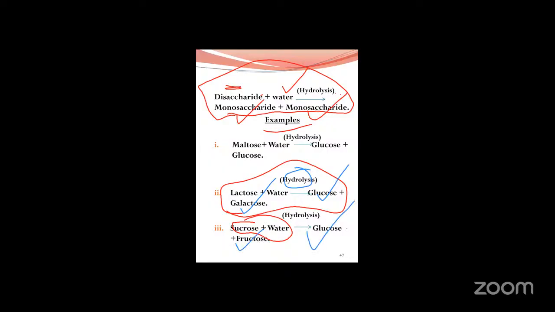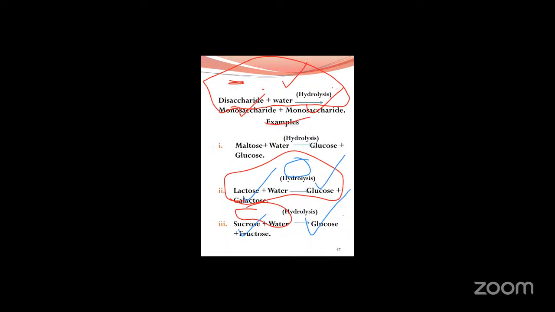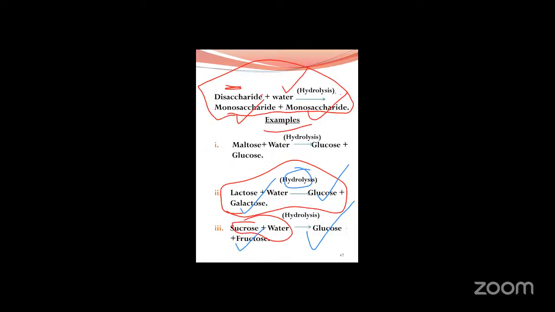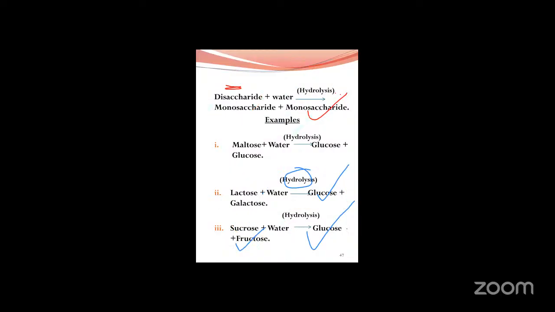So therefore, the reaction that forces two monosaccharides to combine to form a disaccharide can be reversed to break down the disaccharide into the constituent monosaccharides that make up that disaccharide. I hope that is noted because it is very, very important. So that is how hydrolysis can take place.